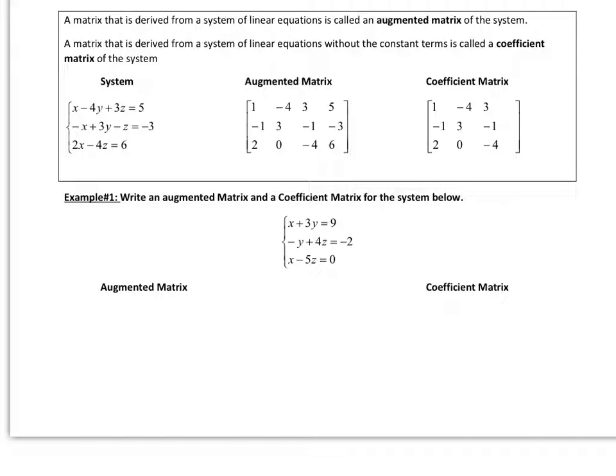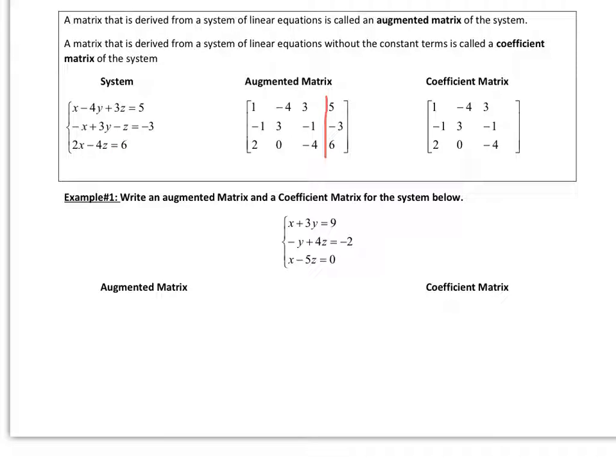Now most of the time, you will see an augmented matrix have either a dotted line or a solid line through this part right here, basically where the constants start, just to show the equal sign down the rows.